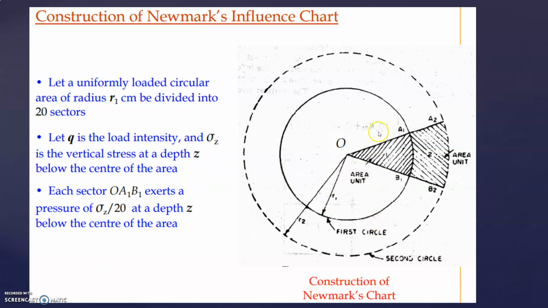Each sector O A1B1 exerts a pressure of sigma Z divided by 20, because there are 20 radial lines, which means the area is divided into 20 sectors. Therefore each sector exerts a pressure of sigma Z divided by 20 at a depth Z below the center of the area.